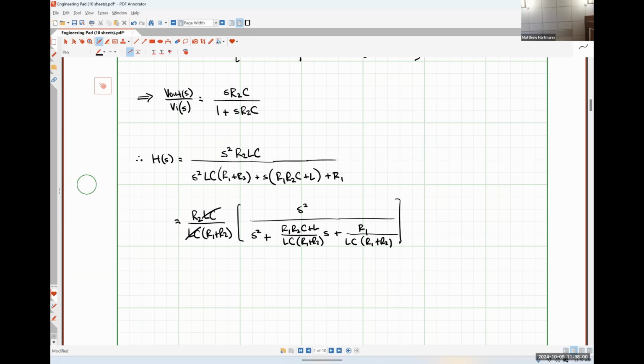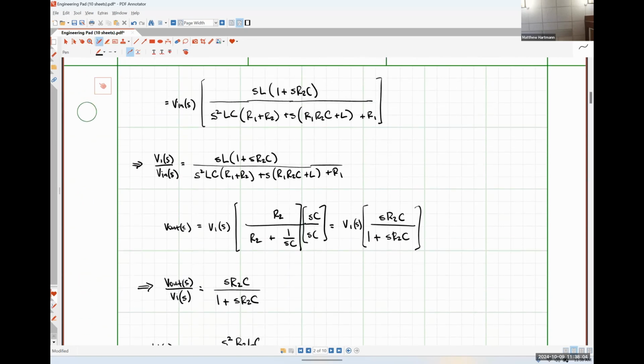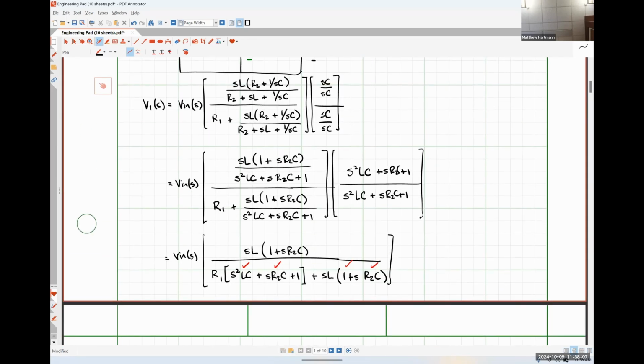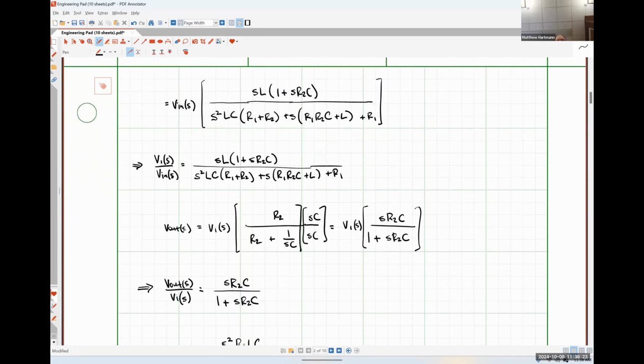So kind of similar to what I did up here for this R1, I multiplied it by this guy over this guy, just a factor of 1. And when I move the numerator part out, it's going to leave behind a denominator.